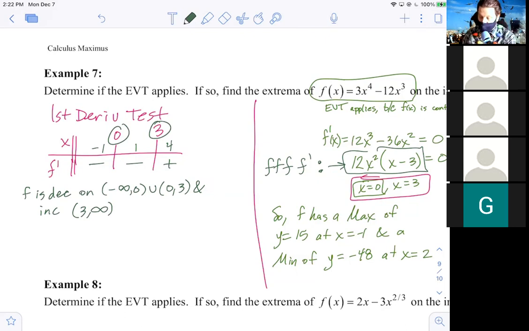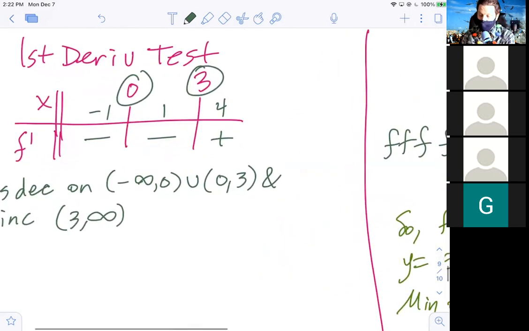Now, by the first derivative test, notice there is no sign change in the first derivative on either side of 0. So that's going to be decreasing through a horizontal tangent. So that's going to look something like that. But at 3, f prime is negative to the left and positive to the right. So f changes from decreasing to increasing. So that's going to be the location of another local what?